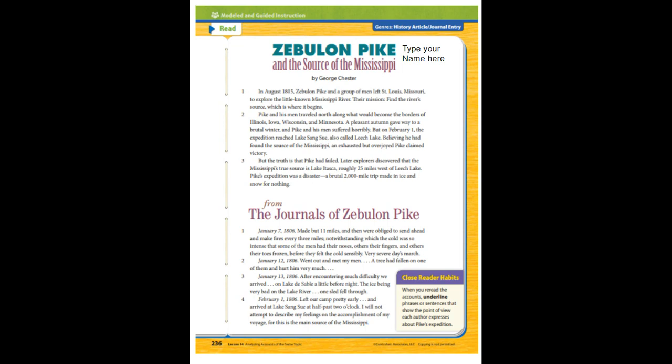I definitely want us to underline this last sentence, or make a mental note that it's classified as a disaster. He made a 2,000-mile trip, and he was wrong. He thought that he had found the source of the Mississippi, but he was wrong. And he was wrong by only 25 miles.